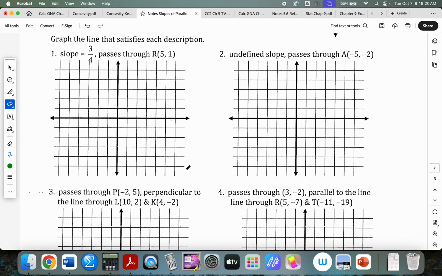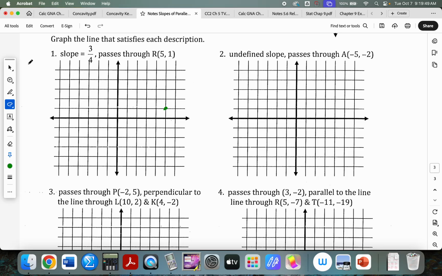All right, here they want us to graph the following lines. We want to graph a line that has a slope of 3/4 that passes through the point 5, 1. So 1, 2, 3, 4, 5, 1. And the reason I wanted to do this particular one is the slope is 3/4, but if I count up 3 and to the right 4, I'm all the way off the grid, right?